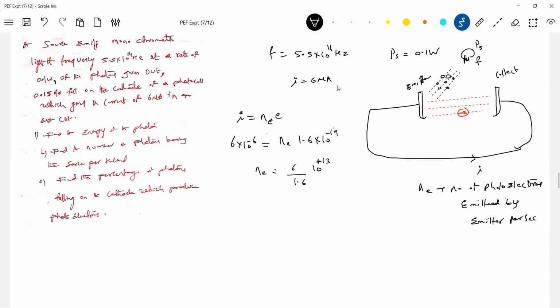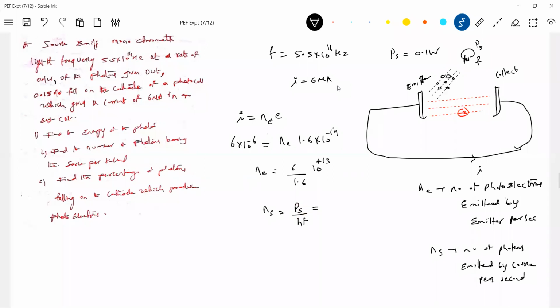For that we know the power of the source and the frequency. Ns is the number of photons emitted by the source per second, which should be equal to the power of the source divided by the energy of a photon. From this we'll get the Ns value.